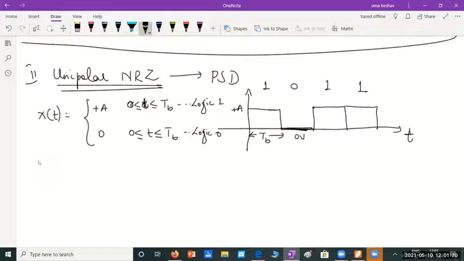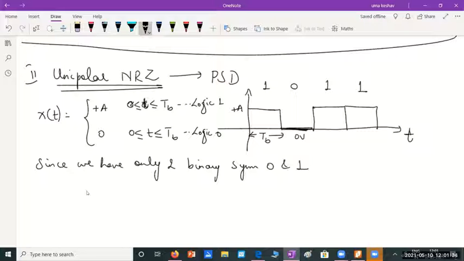Here also, since we have only two binary symbols, 0 and 1, consider the probabilities.